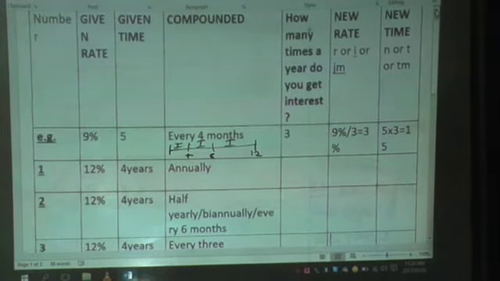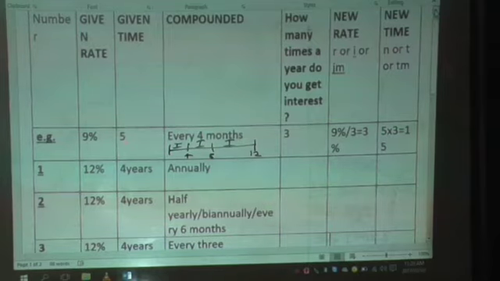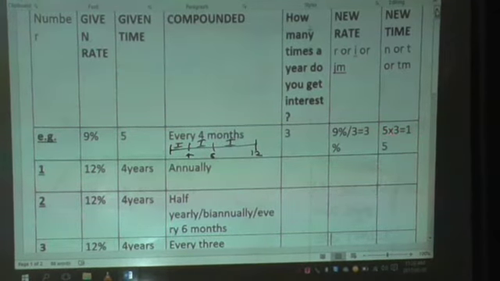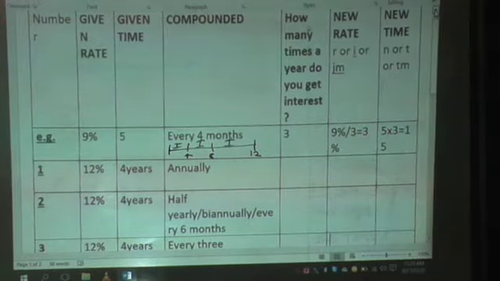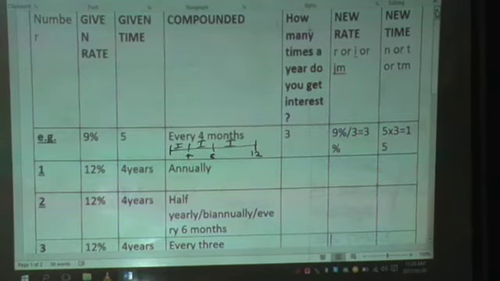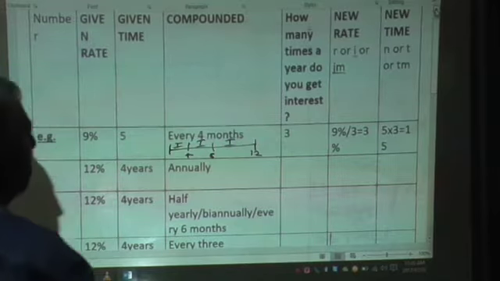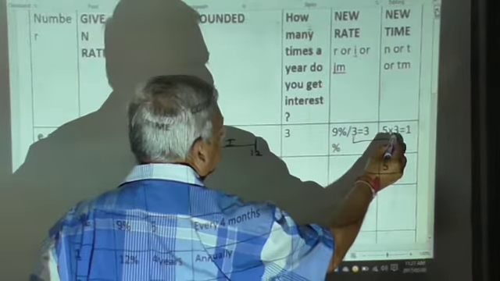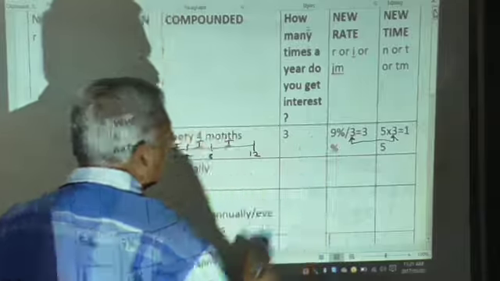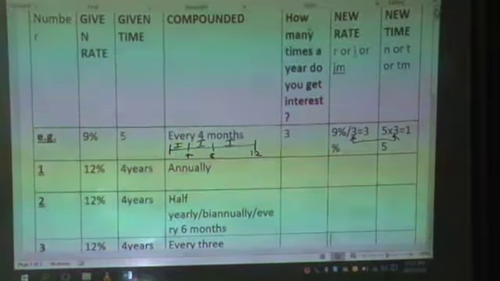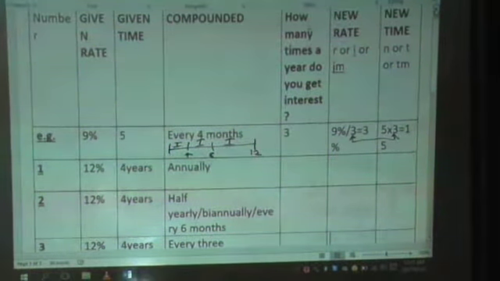Now take the time. The time given was 5 years. You always multiply the time by this number here. You divide the rate by 3, therefore you will multiply the time by 3.